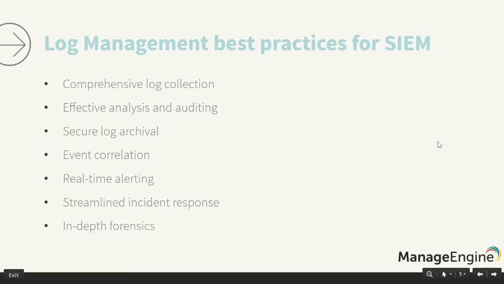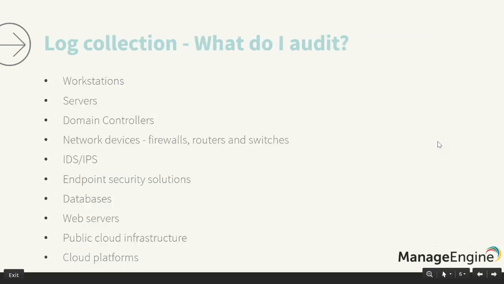And the better you can do each of these 7 things, the more secure your environment is going to be. Because right from the process of collecting logs from different sources to carrying out forensic investigations, you want to make sure that at every stage you have the right measures implemented so that you can stay on top of your log management lifecycle, right from log collection to forensics. So let's start off with log collection.